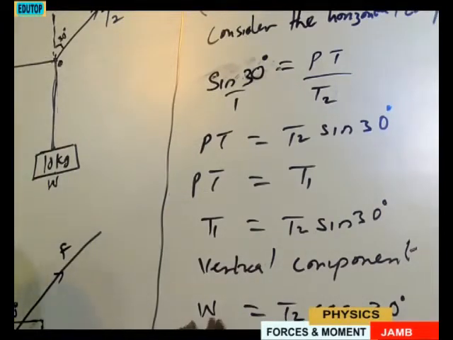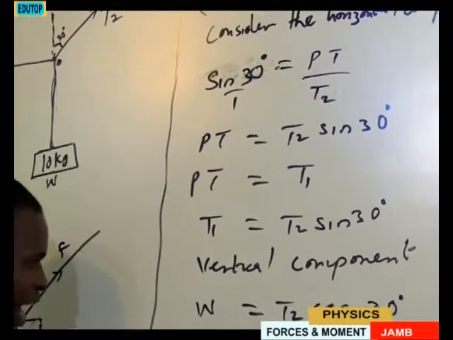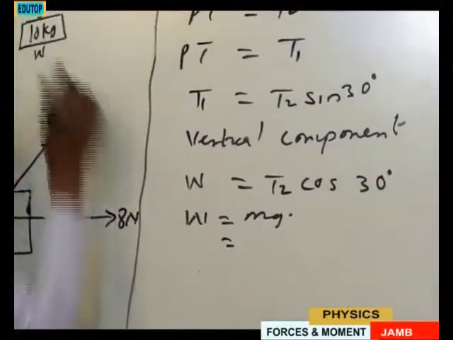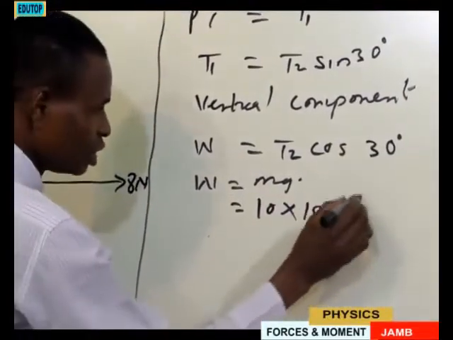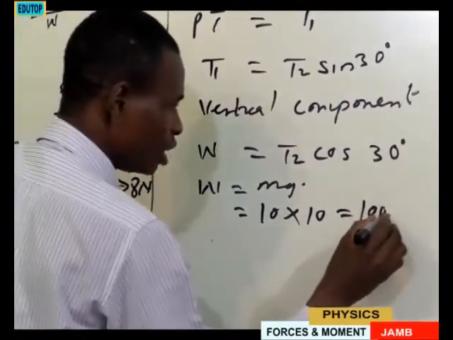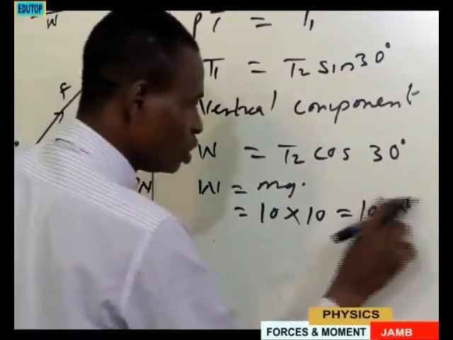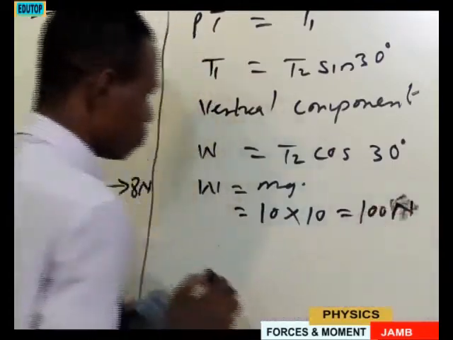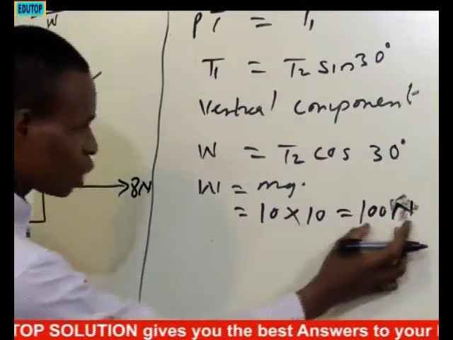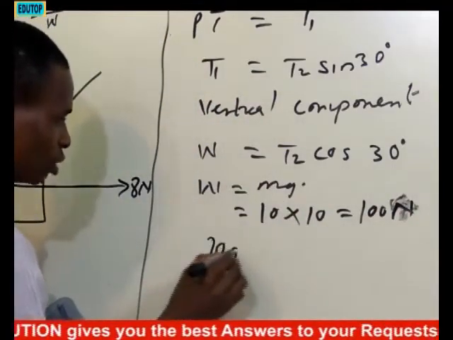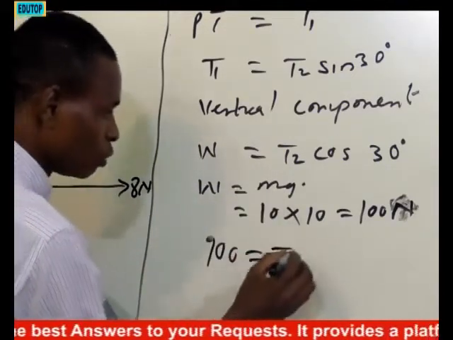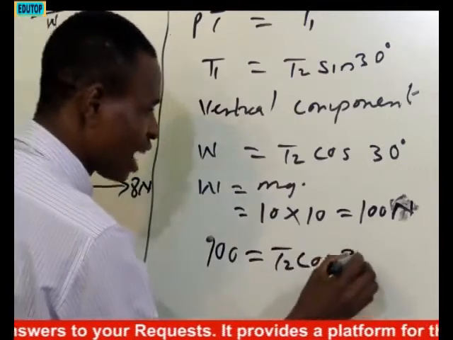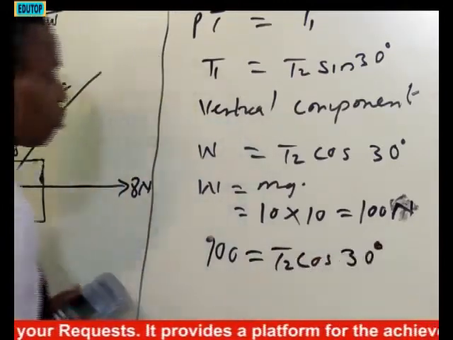Okay? And the weight, we are given, is equal to mg, which is mass 10 times 10, which is what? 100. 100 Newton. So we can equate 100 to this. 100 will now be equal to T2 cos 30 degree.